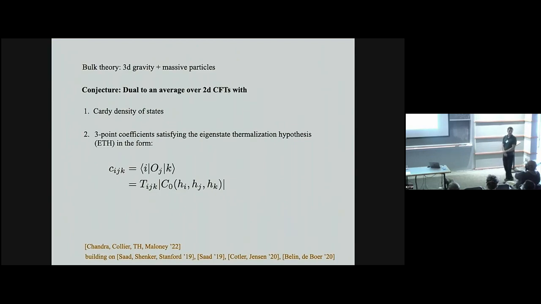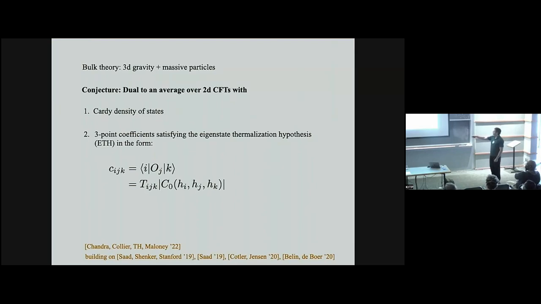So the eigenstate thermalization hypothesis tells you that matrix elements like this one, when the states are sufficiently energetic, are essentially random. Now, in 2D CFT, there are a lot of symmetries. There are a lot of things that are controlled by Virasoro, so obviously those things are not random. But the appropriate way to phrase ETH in this system is that the matrix elements of primary operators are random.